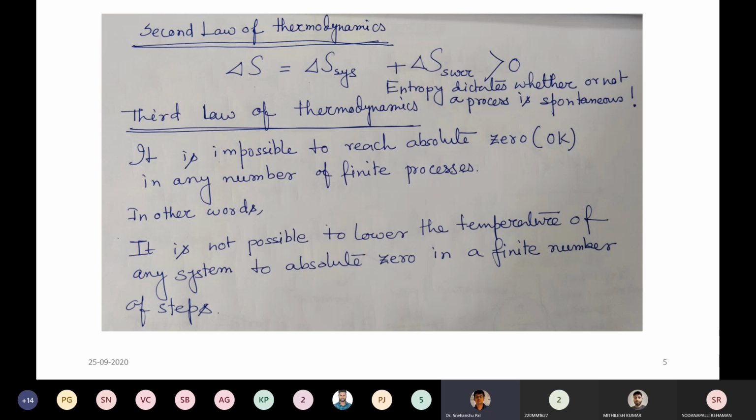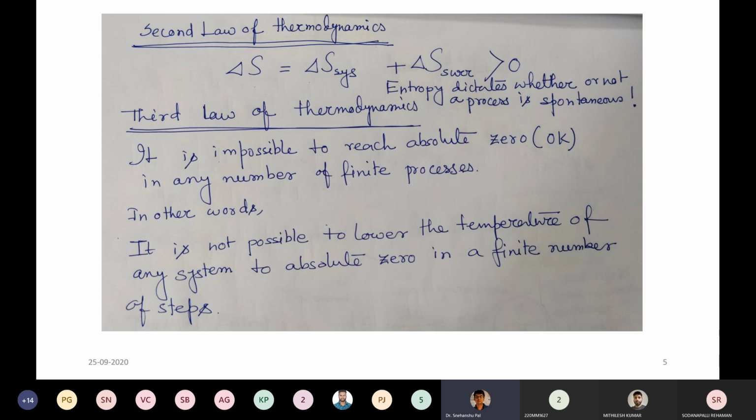Because if through the process entropy is increasing, then we can tell that the process is feasible. It can be spontaneous. So system plus surroundings, total entropy should be enhanced through the process. Then only that process can occur. This is a very important statement derived from the second law of thermodynamics.